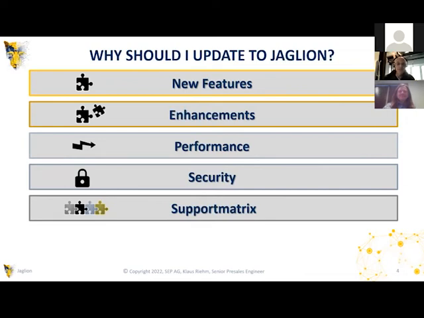So the question was, why should I update to Jaglion? And well, there are a whole bunch of reasons, of course. There are some new features, but not everybody is interested in the new features. For instance, our new supported agent for Nutanix AHV. If you do not have a Nutanix appliance, then you don't need this new feature.